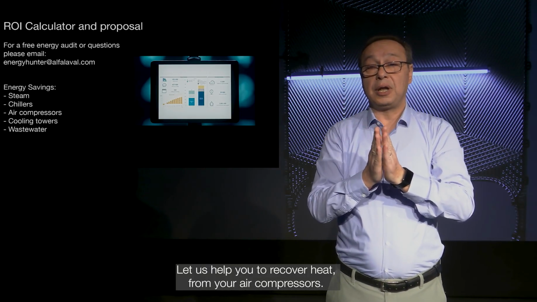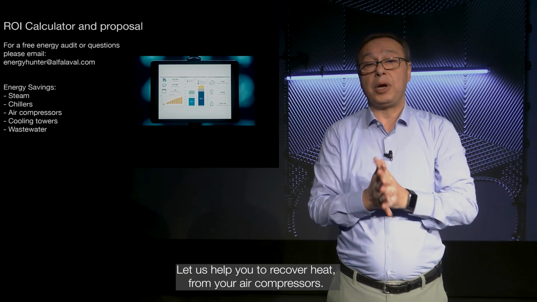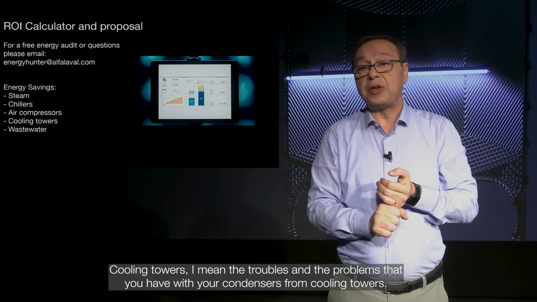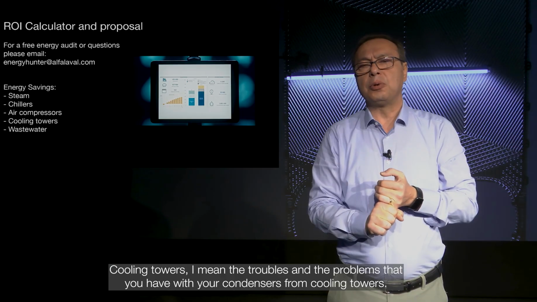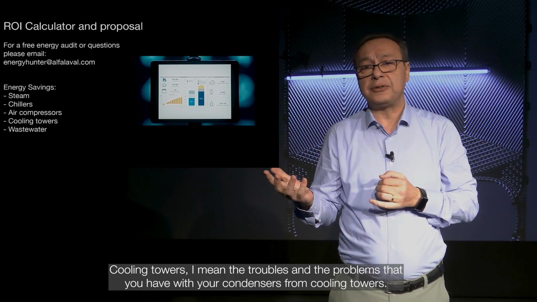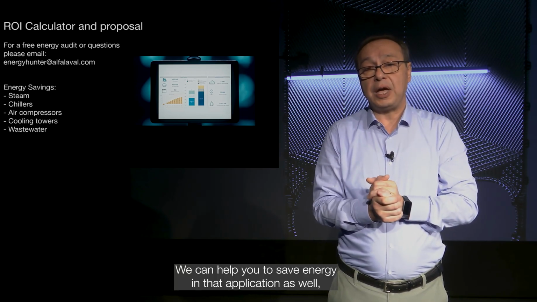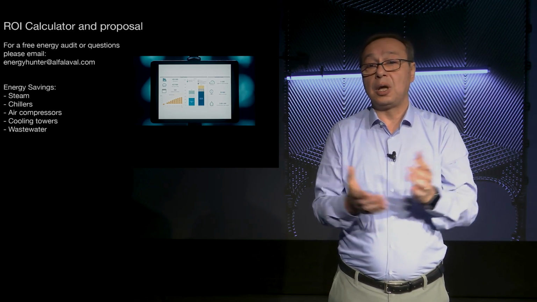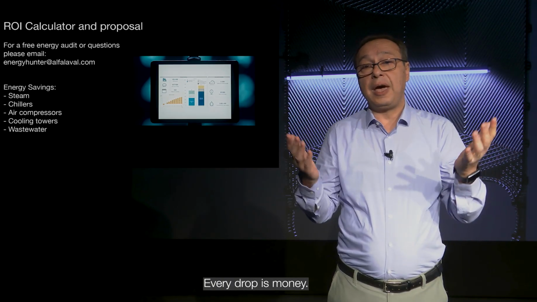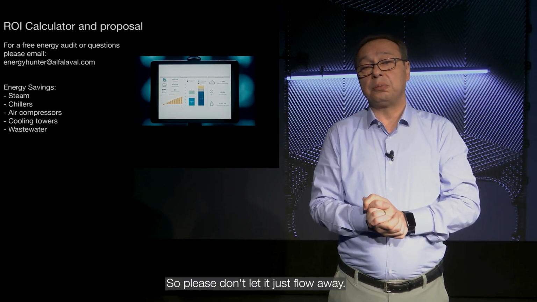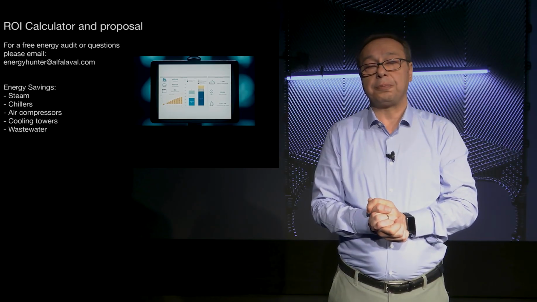Please stop. Let us help you to recover heat from your air compressors. Cooling towers. I mean, the troubles and the problems that you have with your condensers from cooling towers, we can help you to save energy in that application as well. And wastewater, friends, every drop is money. So please don't let it just flow away.